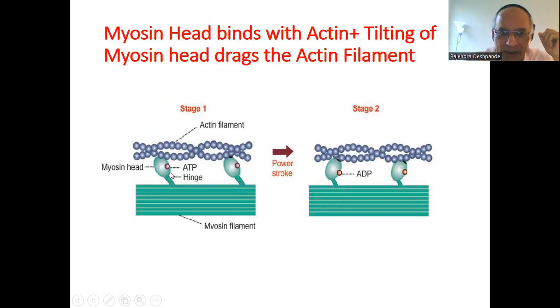Okay. This is the ATP and this is the hinge. Here you can see the hinge. And this is myosin. This is actin. This is the head of the myosin. It is attached to the actin. And now it is pulling. It is pulling nearer and nearer. Both sides of the myofibrils are coming nearer for the contraction. Can you see, in the contraction this coming near is very important.